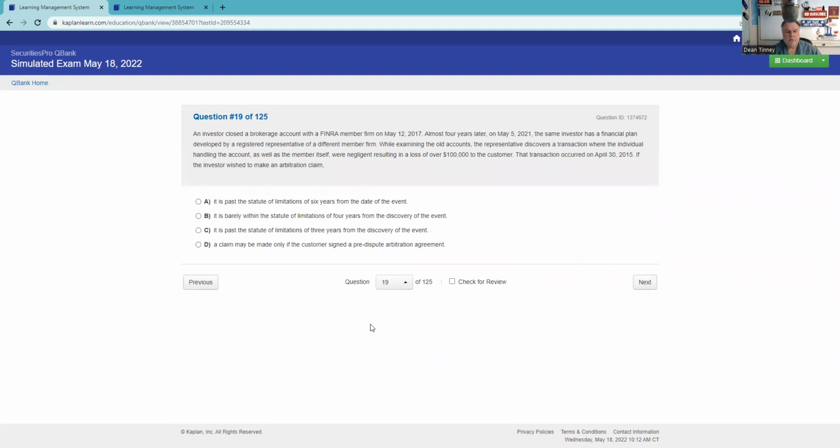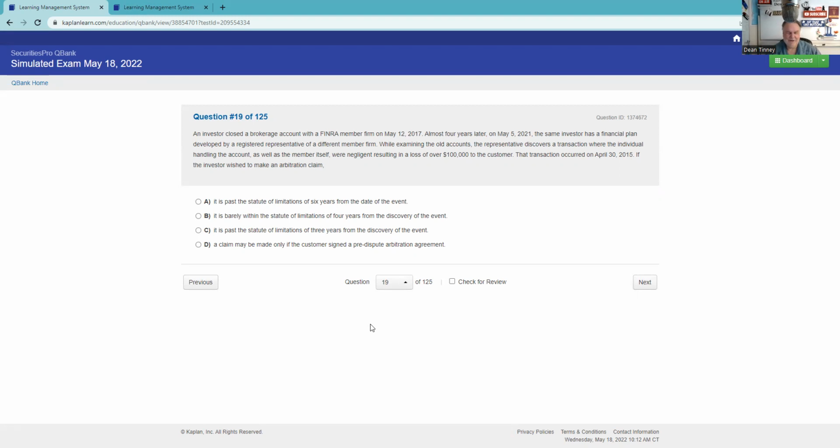An investor closed a brokerage account with a FINRA member firm on May 12, 2017. Almost 4 years later, the same investor has a financial plan developed by a registered rep of a different firm. While examining the old accounts, the representative discovers a transaction where the individual handling the account, as well as the member itself, was negligent, resulting in a loss of $100,000 to the customer. That transaction occurred on April 30th.